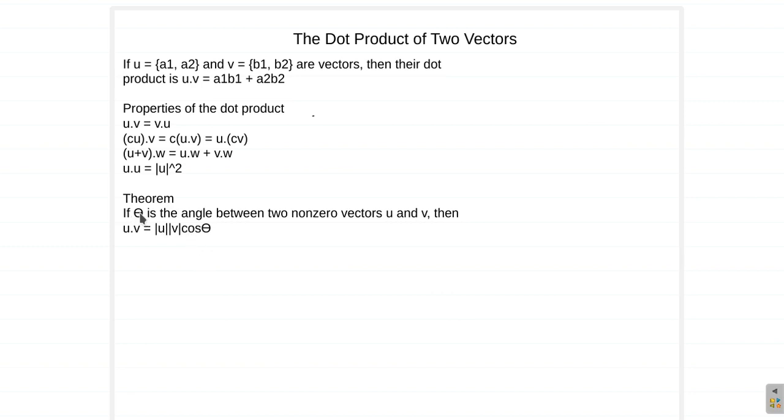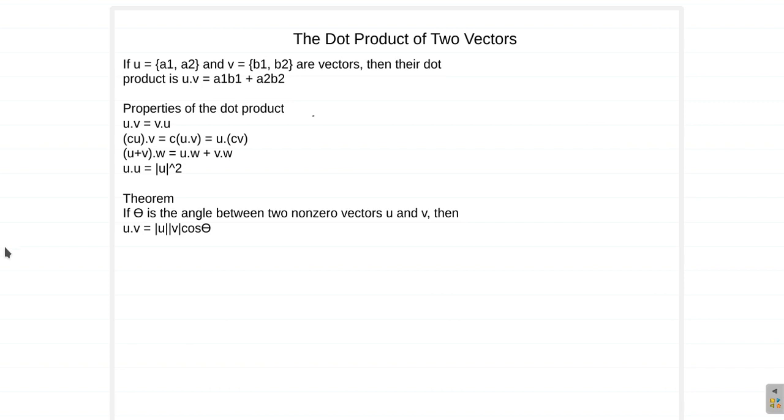If theta, this is an angle, a Greek letter popularly used to represent angles, is the angle between two non-zero vectors, u and v, then u dot v would be the magnitude of u times the magnitude of v cos theta. So that is a theorem.